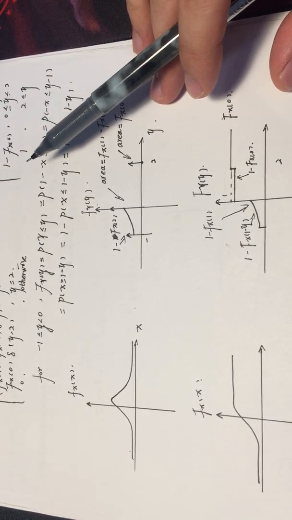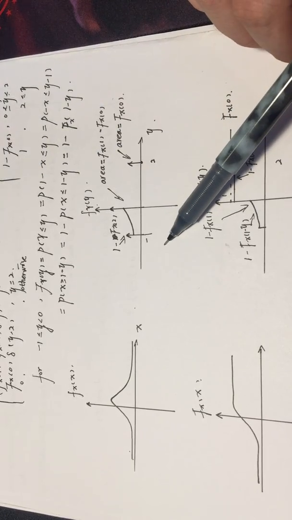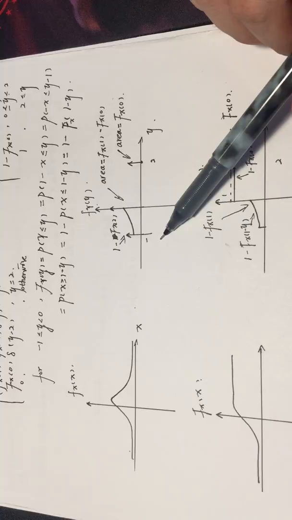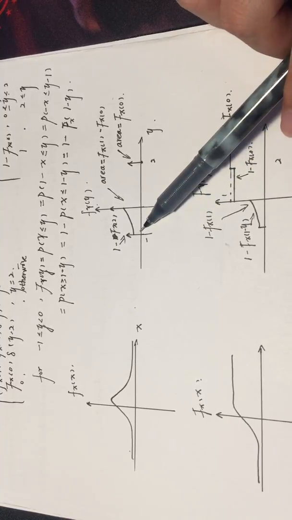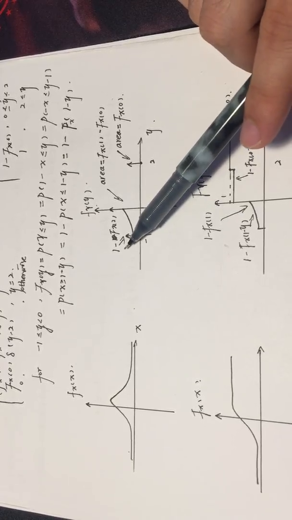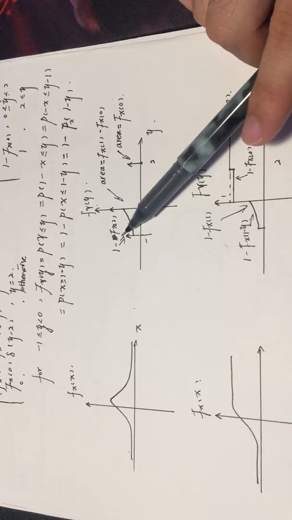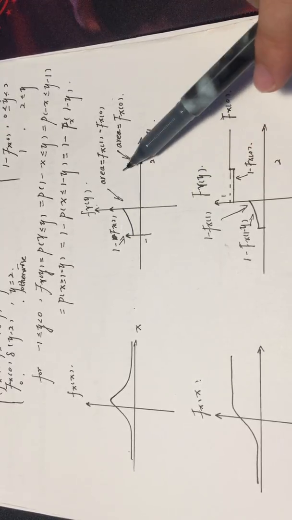Firstly, we can draw the density function fy. So when y equals minus 1, it should have an impulse response, right? And its amplitude equals 1 minus the distribution function Fx at x equals 2.